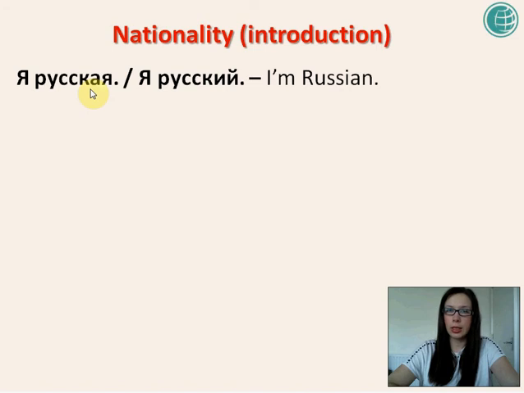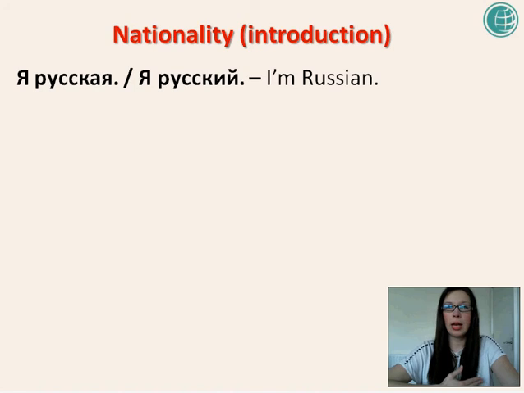About gender I will explain in the next grammar lesson. Я русская means a girl or woman talking about herself. It's a feminine ending, русская. Я русский means a man talking about himself. I'm Russian.